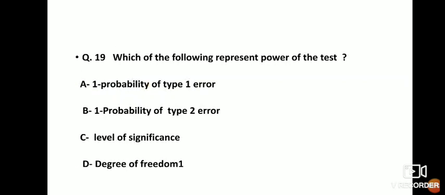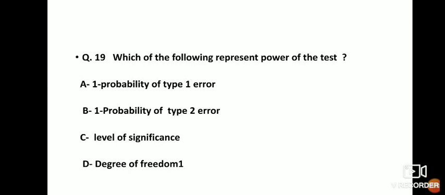Then the next, which of the following represents the power of the test? Given options are probability of type 1 error, probability of type 2 error, 1 minus probability of type 1 error, 1 minus probability of type 2 error, and level of significance, then degree of freedom.